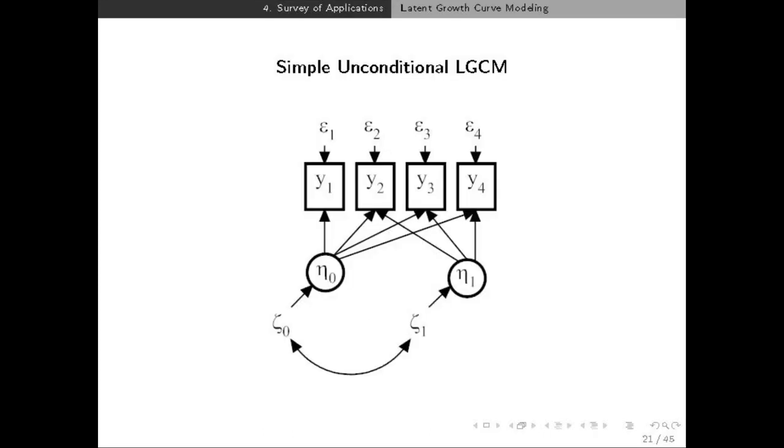So here's a path diagram of a simple linear model for change over time on an outcome variable that's observed 4 times in a structural equation modeling framework. It's a highly constrained confirmatory factor analysis. If you know factor analysis, you might be used to estimating factor loadings.